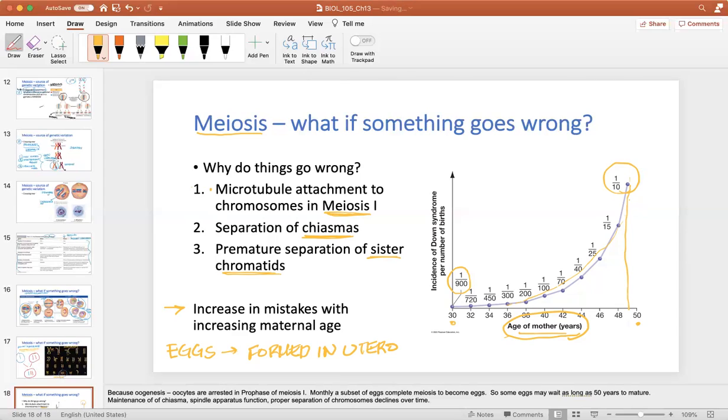Now, those egg cells are immature. They're actually sitting in a state of arrested development, and that state is in prophase 1. And then what happens each month as you ovulate is one or two of these eggs that are in prophase 1 will go through meiosis to become mature egg cells, okay?